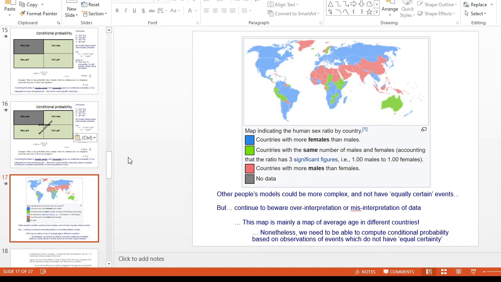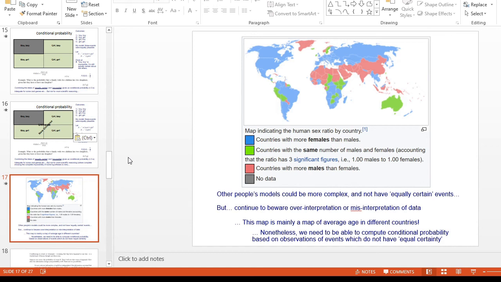Well, it's not impossible that those explanations might be true in some situations, but there's nothing in the data to prove that. Actually, the data is mostly just giving you a map of average age in the different countries.